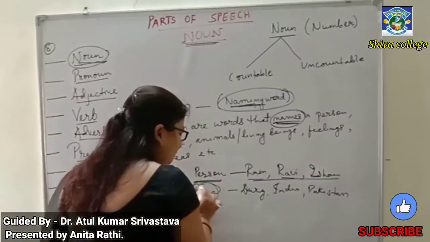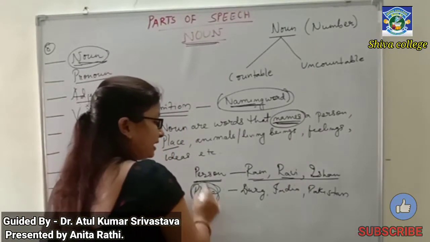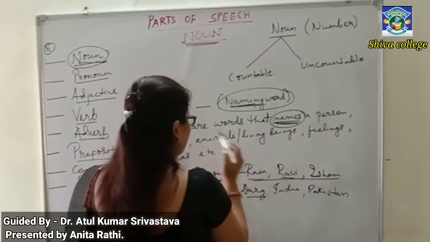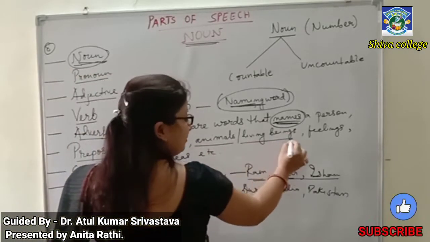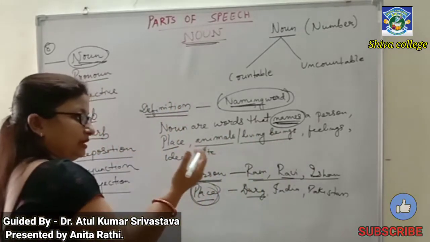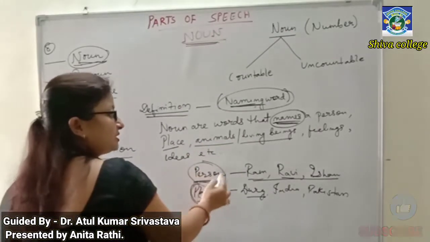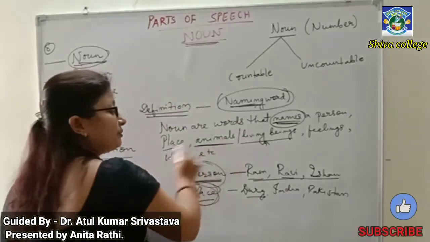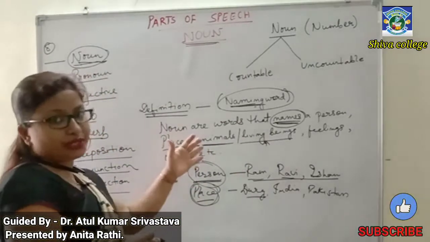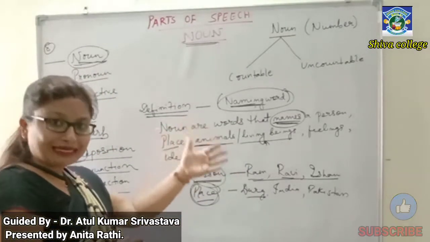So when we are talking about any names of a place, then we use noun. Next, animals. When we talk about animals or living beings, any animal or any living being, here person we have seen, this also comes under the living being category. So when we talk about animals, we also regard the name of an animal as noun.